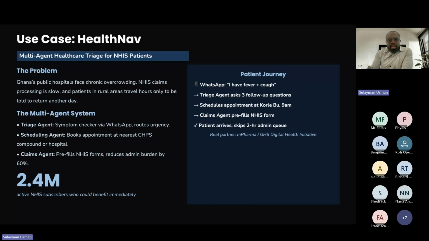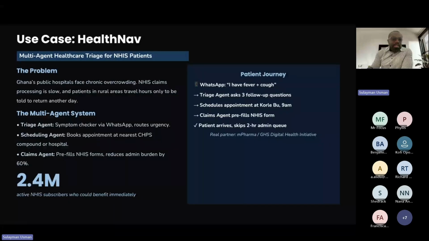If you look at, let's say, healthcare, this is just an example that I used AI to create. We have the triage agent, symptom check via WhatsApp, which routes urgency. Someone is having a problem, they can easily give their symptoms to this agent. This agent will analyze these symptoms and understand the urgency.